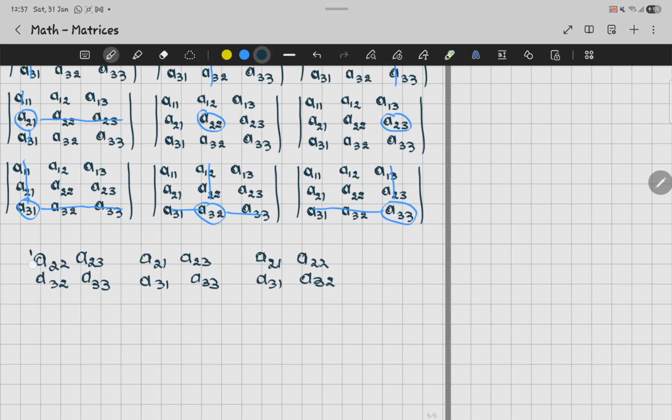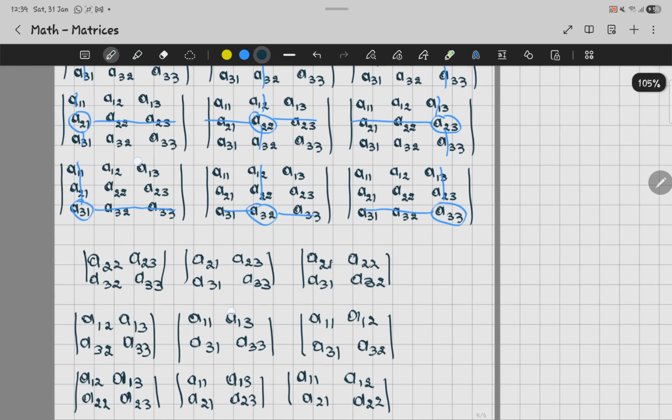Now this is what we're going to have here on the first row. Now the second row: A12, A13, A22, A33. Okay, next. If you remove this block, we're going to remain with A11, A13.